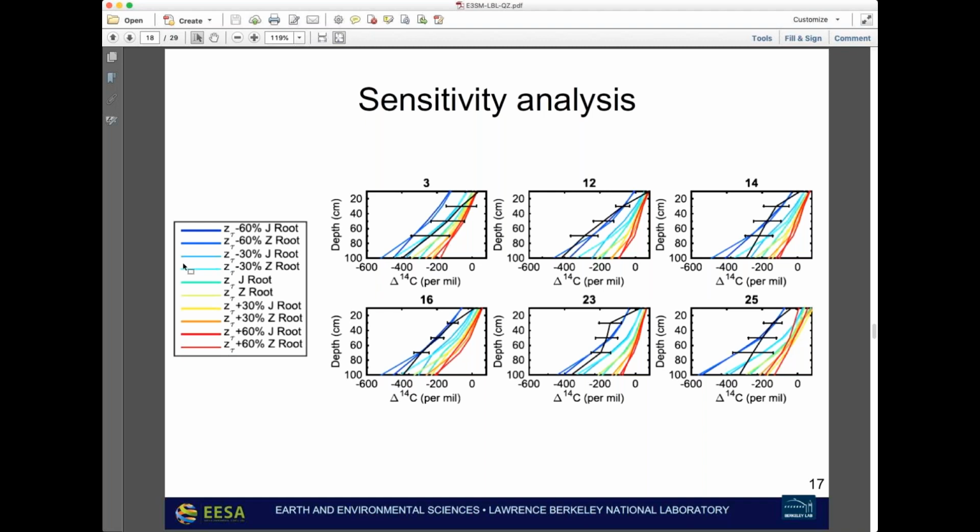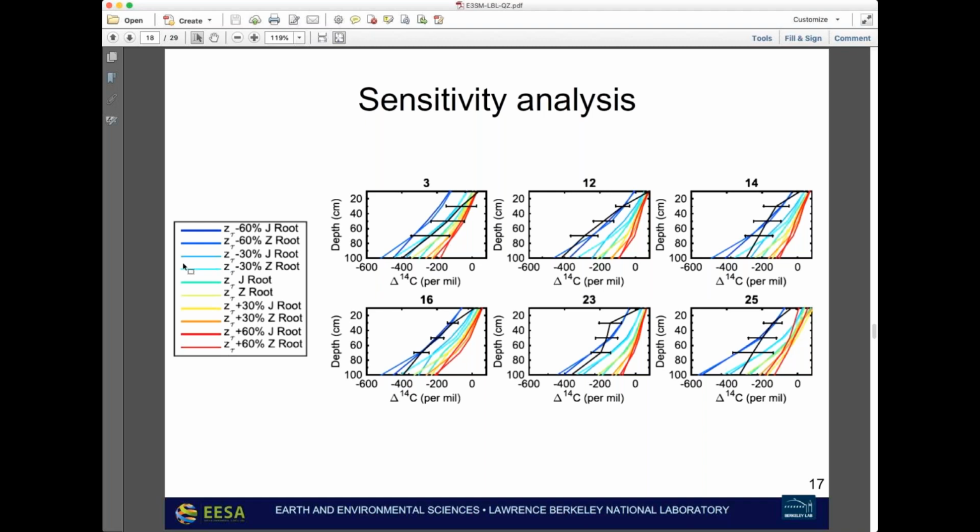Here we can see that in terms of delta 14C, changing the rooting profile is less effective than changing Z-tau. And when Z-tau is largely reduced, let's say a 60% reduction, that corresponds to the blue line, we bias correct the simulated 14C vertical profile by a lot.